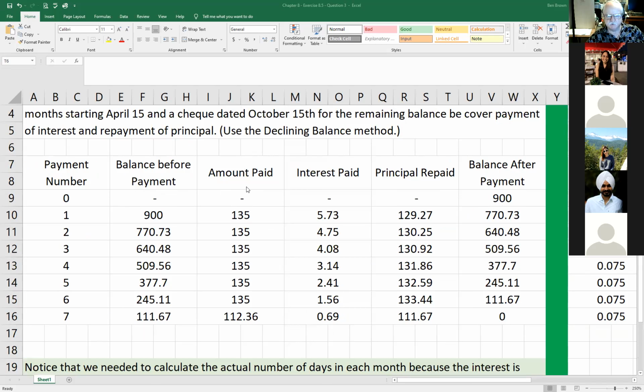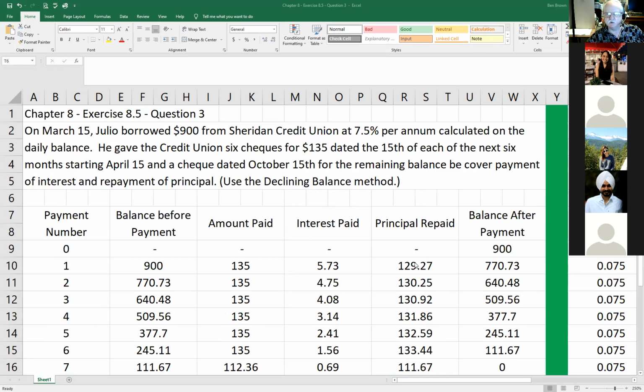This is the payment, the 135. We have to calculate the interest, and that's how the declining balance method works. We calculate the interest, and then the principal repaid. This was the calculation we were doing where we subtracted the interest from the amount they paid.